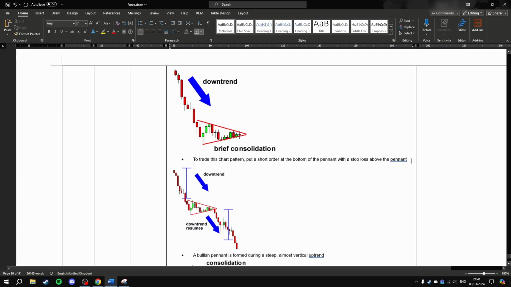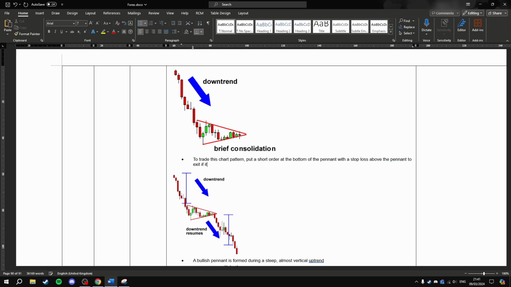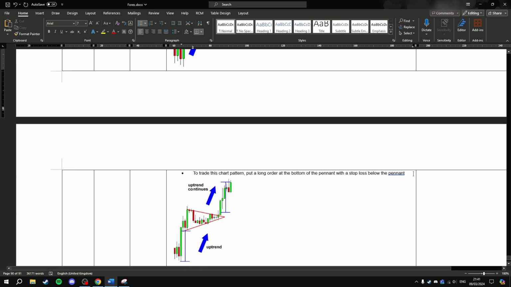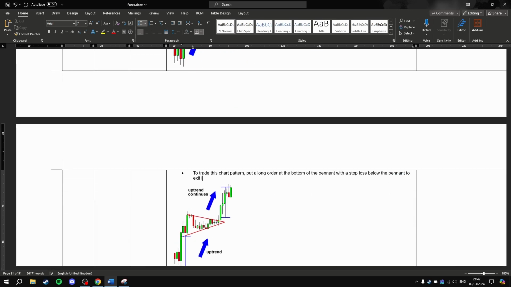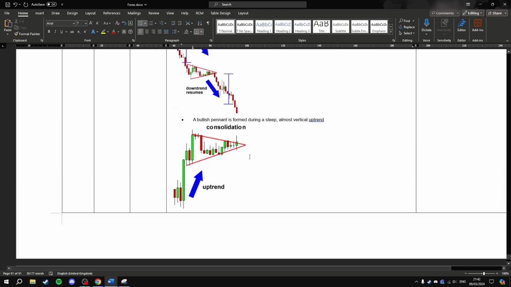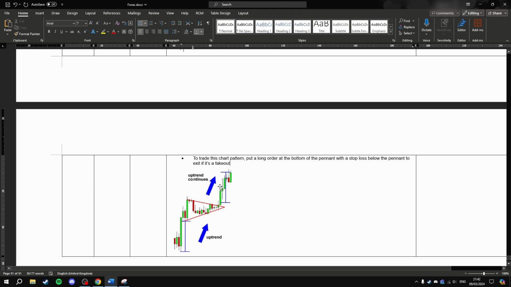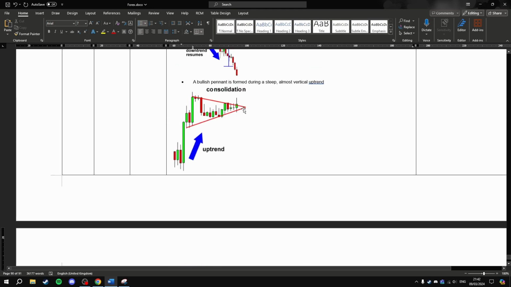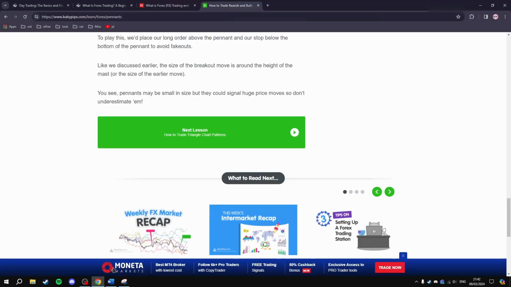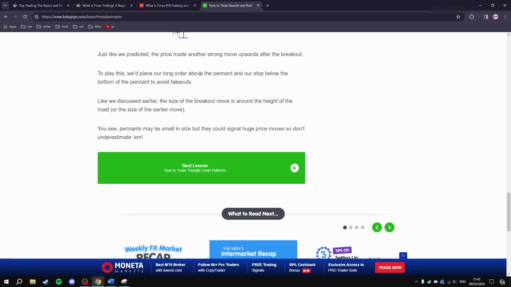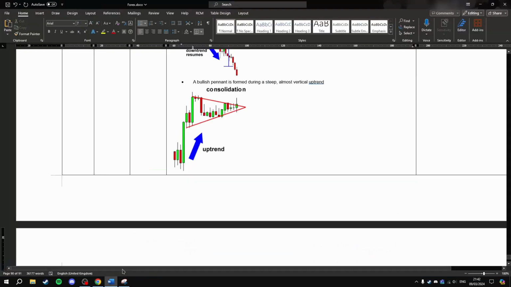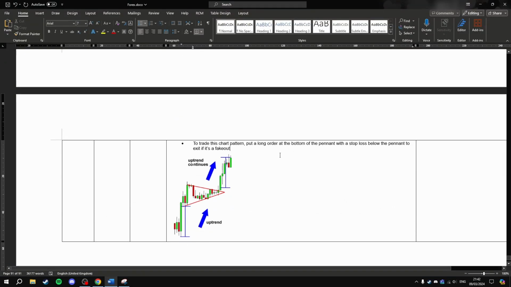To exit if it's a fake out. Yeah, and then long order above the pennant.